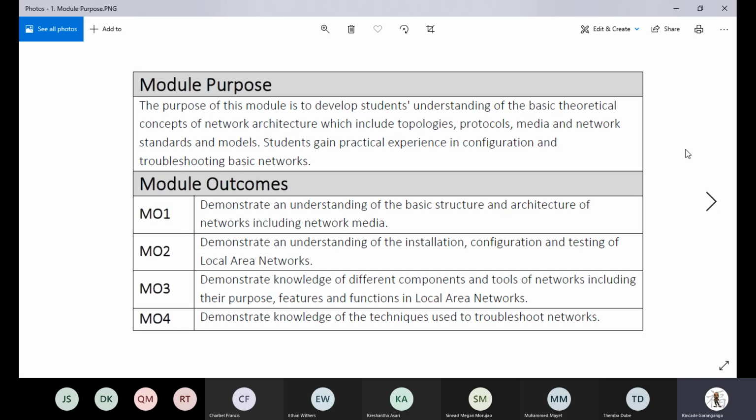So if you look at the module outcomes there, again, like we mentioned before, just a basic structure, looking at how to install, configure, and troubleshoot.